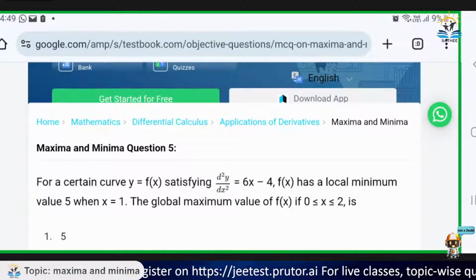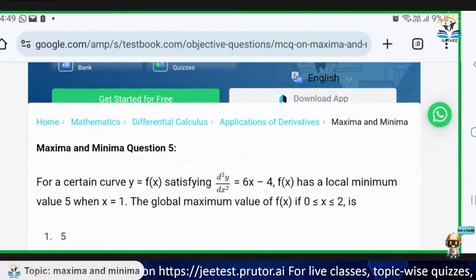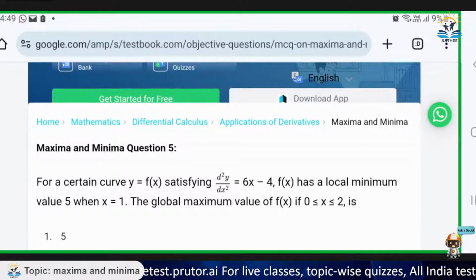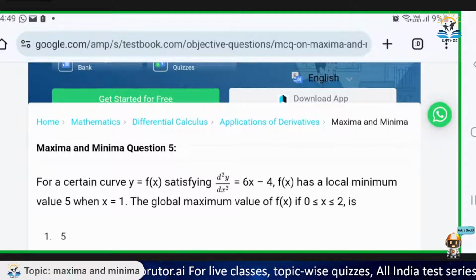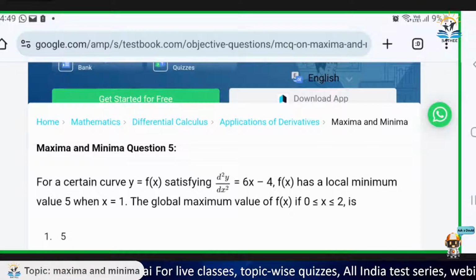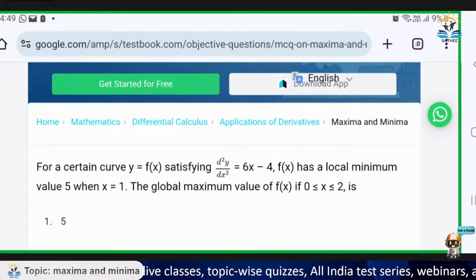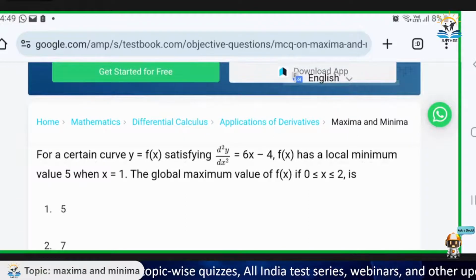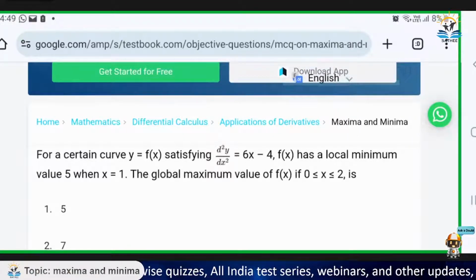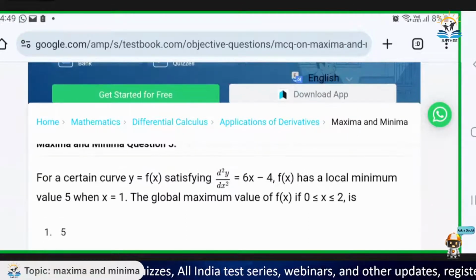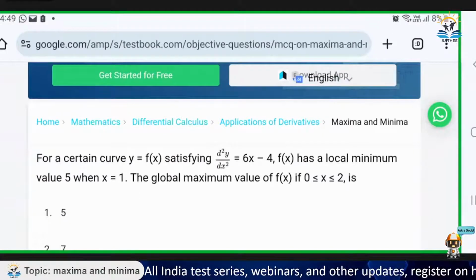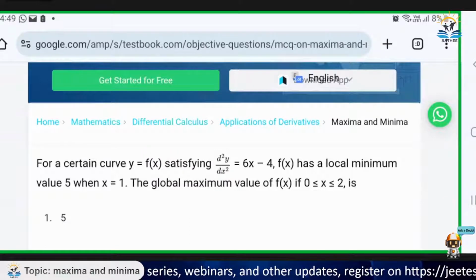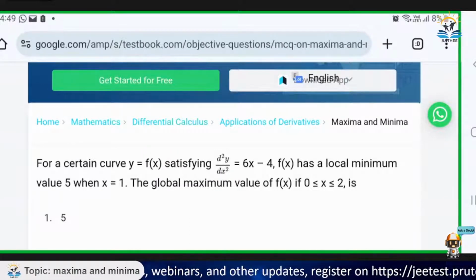F of x has a local minimum value 5 when x equal to 1. The global maximum value of f of x if x belongs to 0 to 2 is. So here we have been asked the global maxima, or the absolute maxima, for this function. And we are not given the function f of x directly, we are given f double dash x.